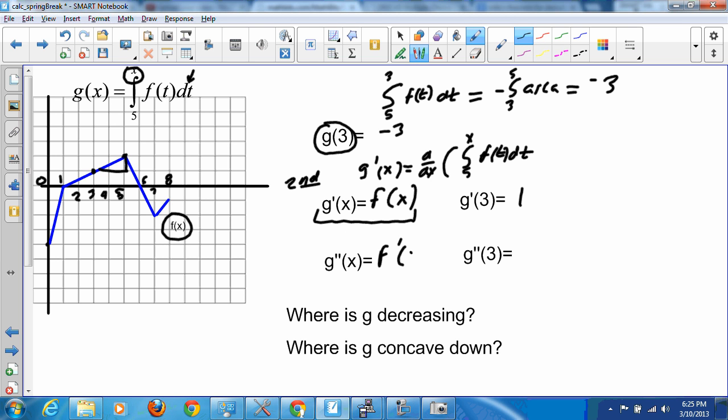F prime of x. So how do we figure out the second derivative given that we know only f of x? Well, we just look at the slope. The slope at 3, it looks like it's on a straight line here, right? So we're just looking for rise over run. So the slope here is up 1 over 2. So that is 1/2.